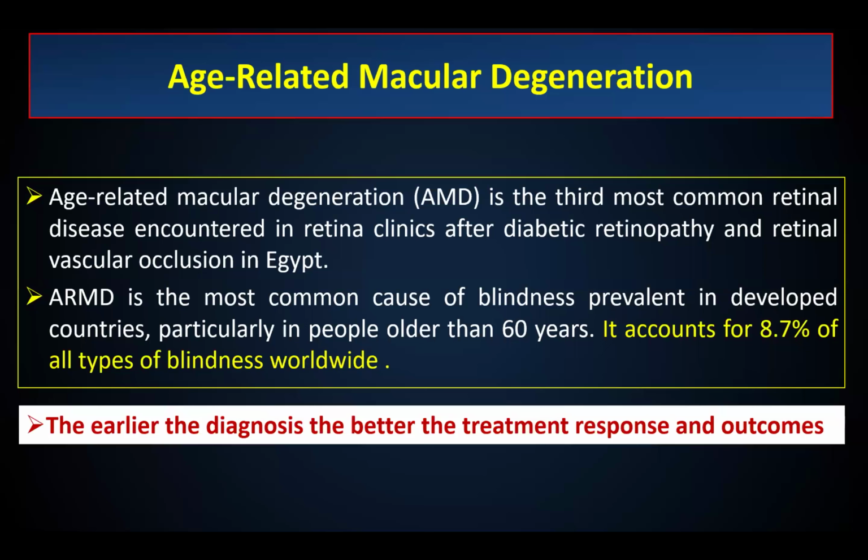Age-related macular degeneration is the third most common retinal disease encountered in ophthalmology clinics in Egypt, after diabetic retinopathy and retinal vascular occlusion. It accounts for 8.7% of all subtypes of blindness worldwide. The earlier the precise diagnosis, the better the treatment response and outcomes.